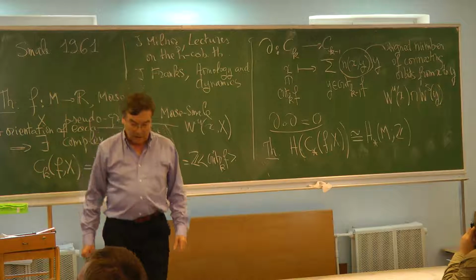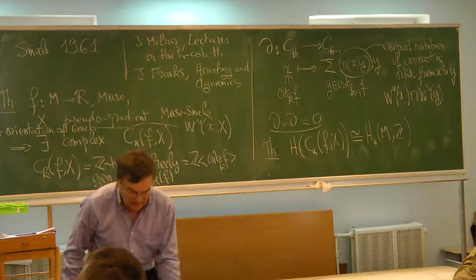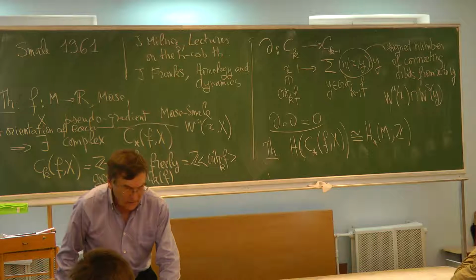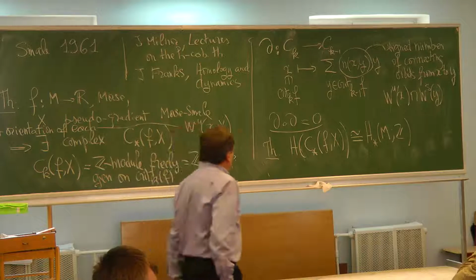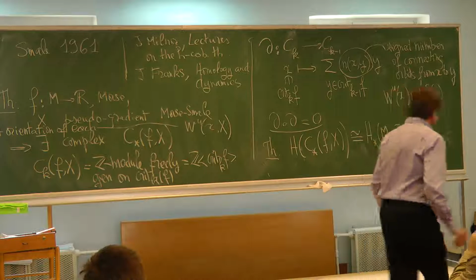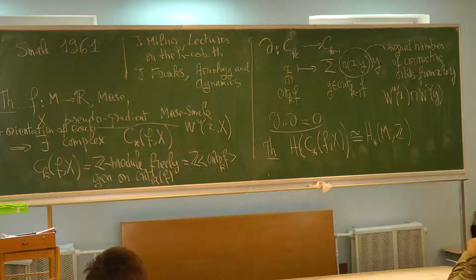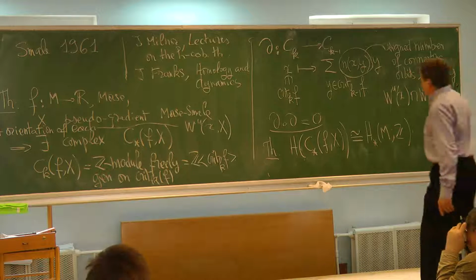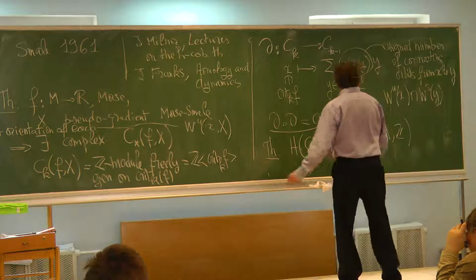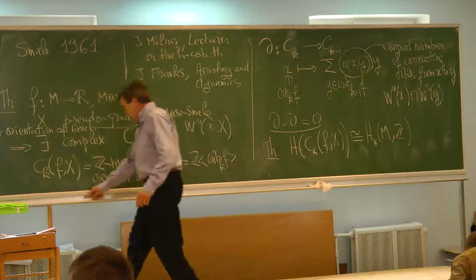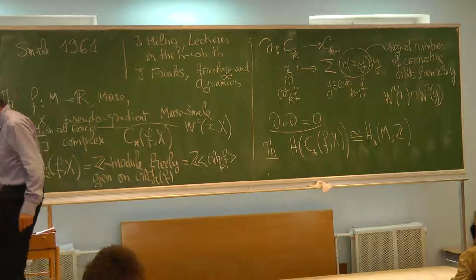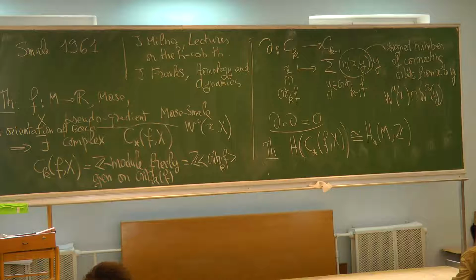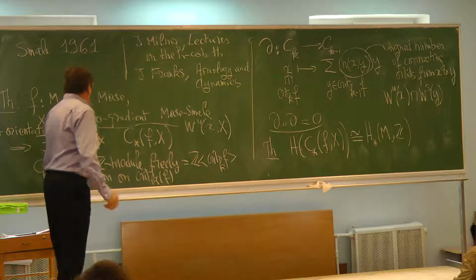So, the next step is... Excuse me. I have a question about the orbits connecting x to y. Should this orbit be oriented from x to y or not? Yes, you have no choice. X is a pseudo gradient, it is descending.